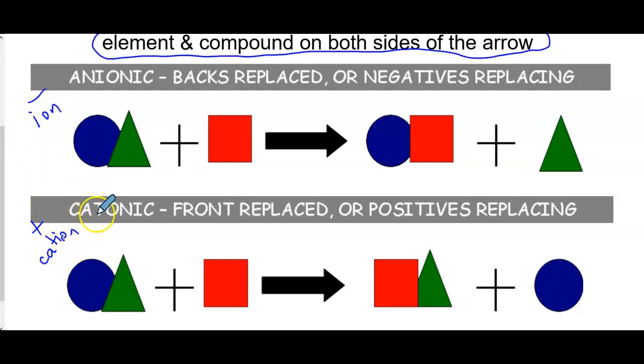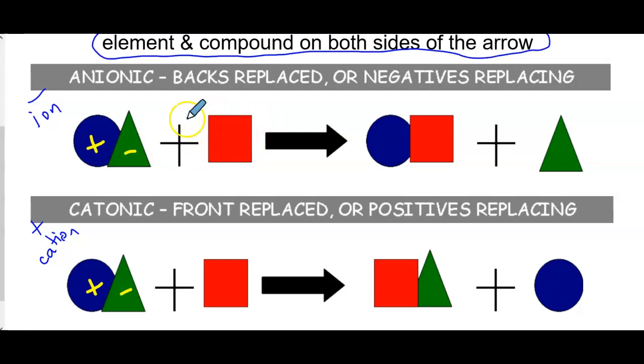Okay, so cation. So what you noticed here is that this would be a plus and a minus if it was a compound, just like this would be a plus and a minus. The positive's always in the front if there's a plus and a minus. So both of these have a positive bonded to a negative, known as an ionic compound.